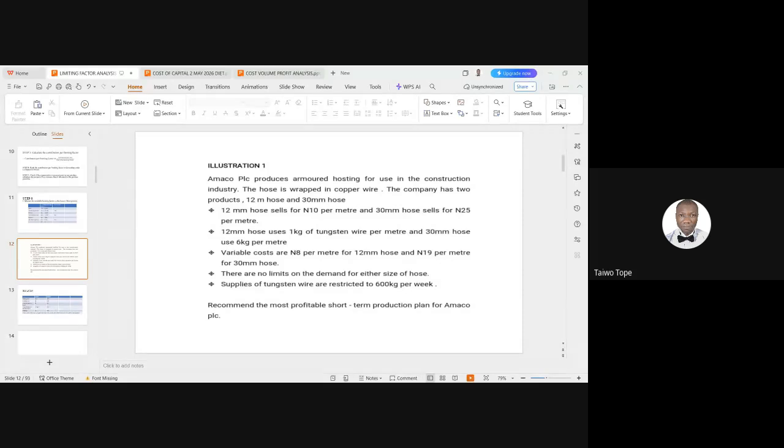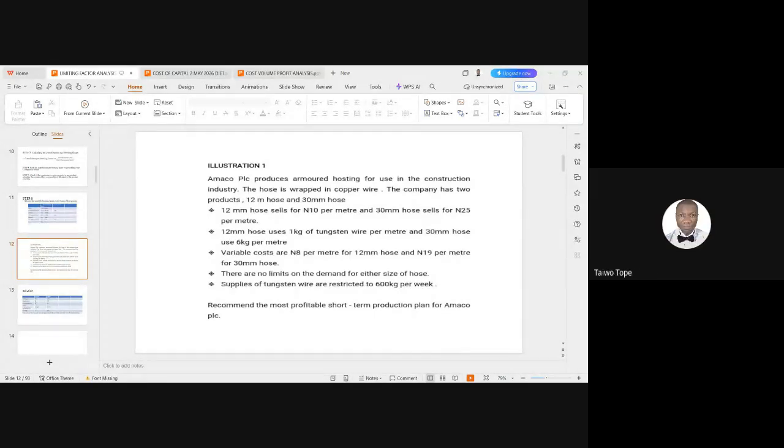And for 30 mm hose, your selling price is what? 25 naira. And the variable cost is what? 19 naira. So the difference between 25 and 19 will give you what? 6 naira. That is your contribution per unit or per meter.